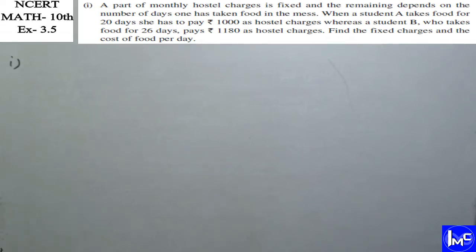We have to find the cost of the food and the fixed charges, and we will suppose these two required values as variables.